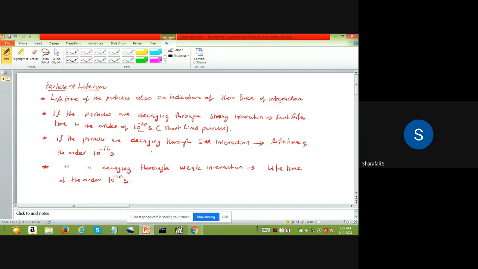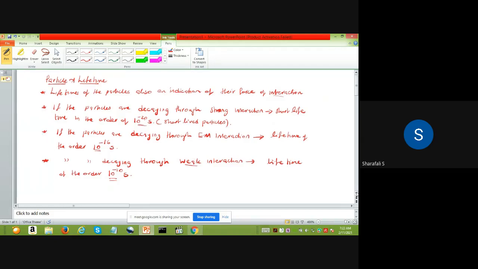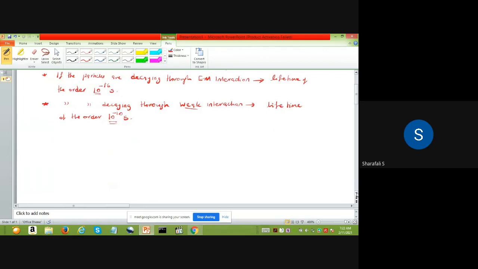If they decay through electromagnetic interaction, the lifetime is of the order of 10 raised to minus 16 seconds. And if the lifetime is 10 raised to minus 10 seconds, the interaction will be weak interaction. So if you know the lifetime of the particle, you can say which kind of interaction is there.